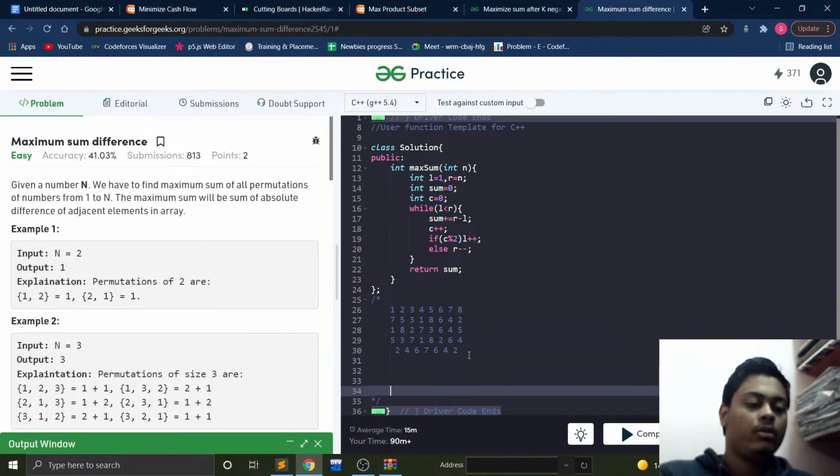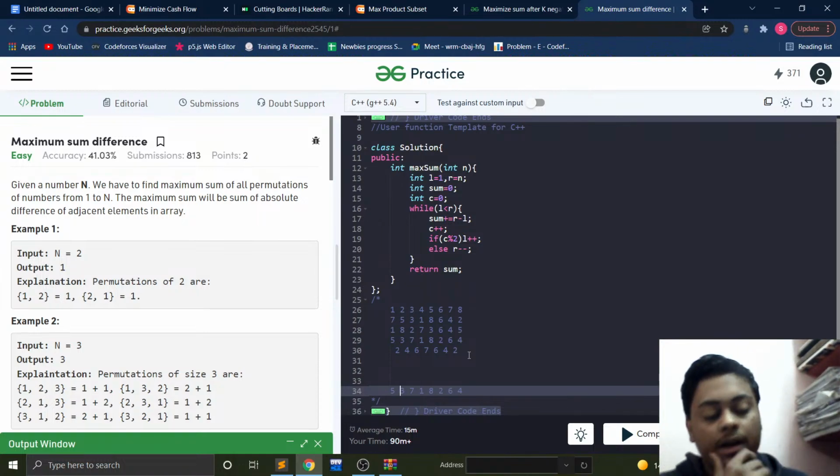So how we can intuitively find is like, first surround 1 and 2 with 8, then surround 7 with 1 and 3, then surround 6 with 2 and 4, and then surround 5 with, like that. You get the above sequence directly.